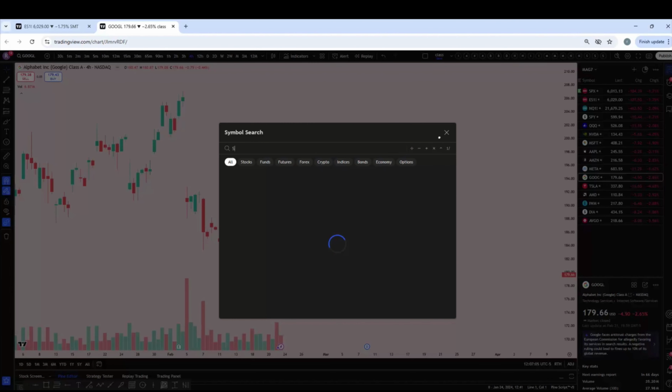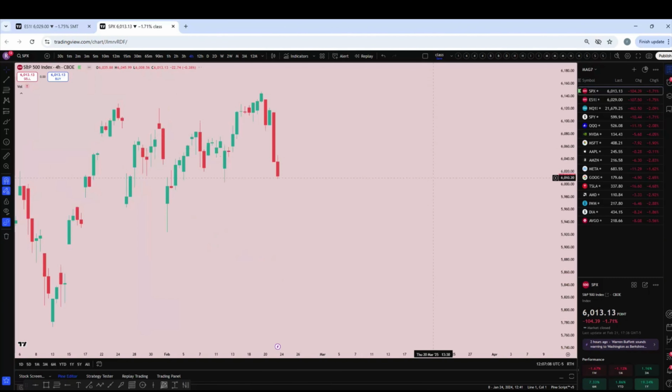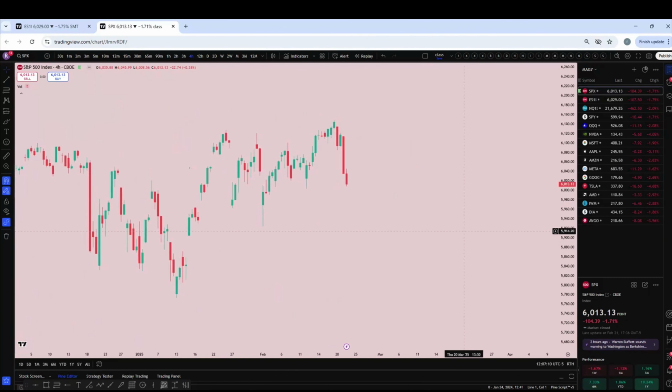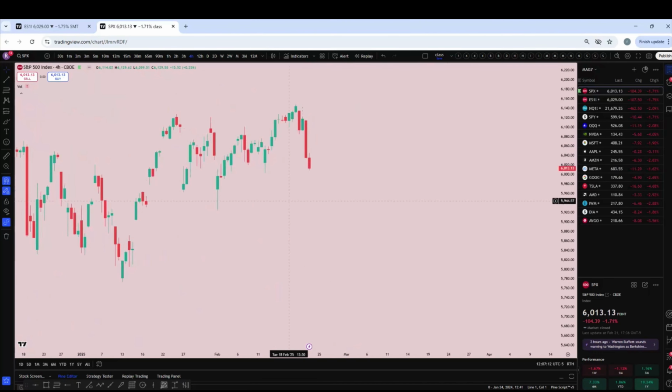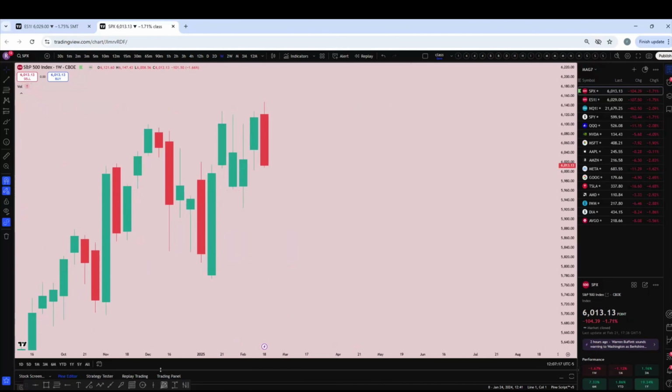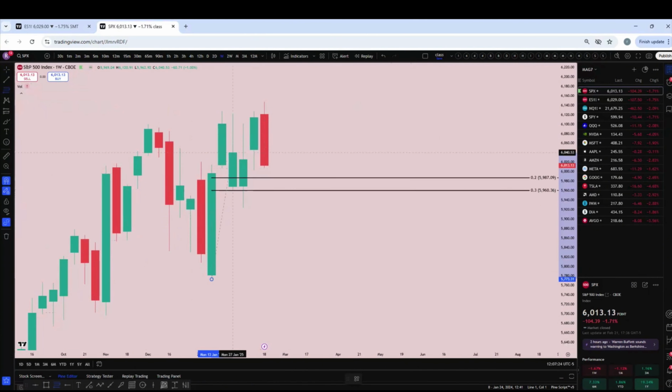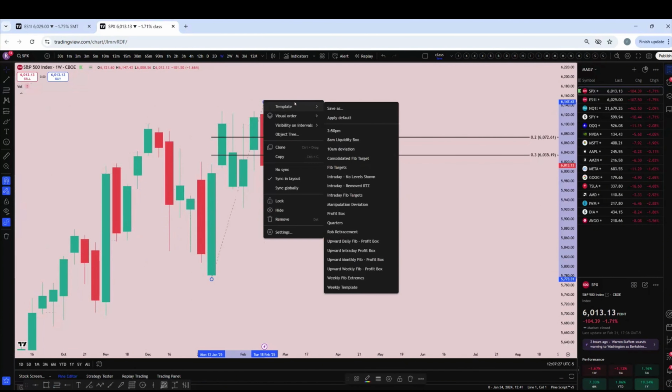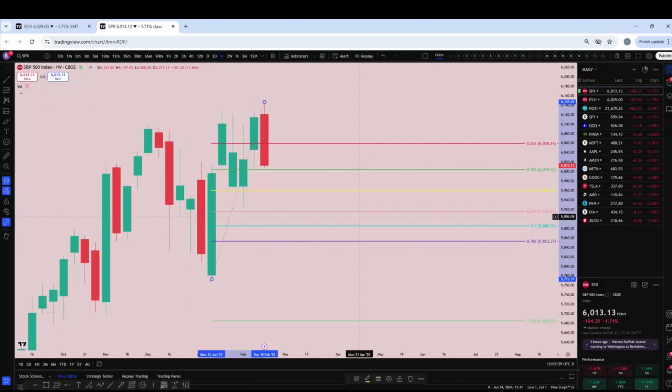So let's look at the previous week, right? Look from a long-term standpoint. We'll go a week out. Looks like we're running from the last low to high.